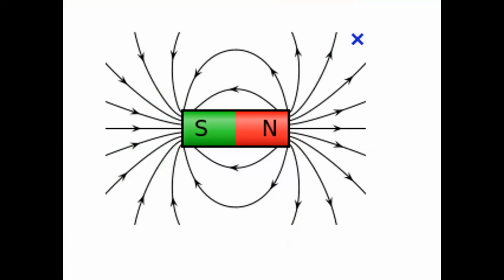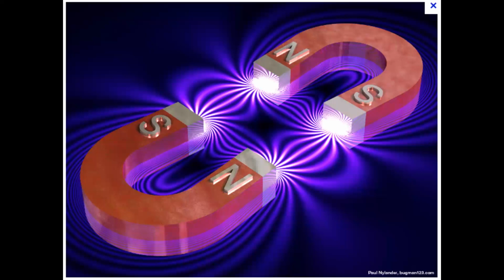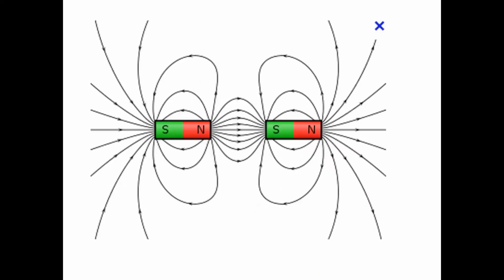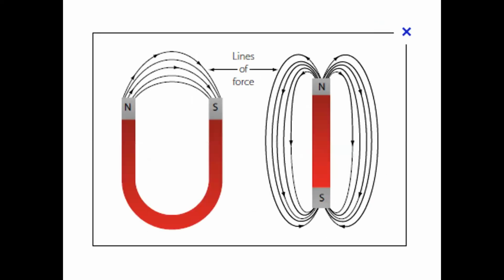This is a common rule to remember: in physics, all types of fields are represented by imaginary lines. These lines are called field lines. This is a phenomenon which is not visible to us, so we draw imaginary lines. This is called a horseshoe magnet, the left one, and the right one is called a bar magnet.